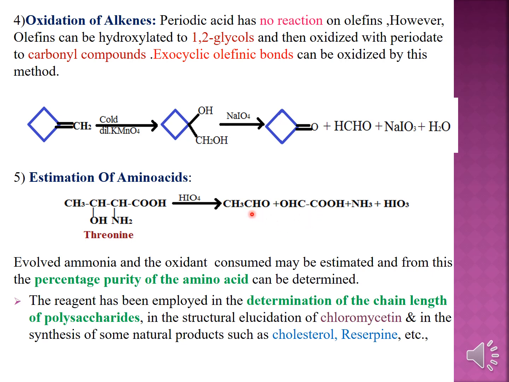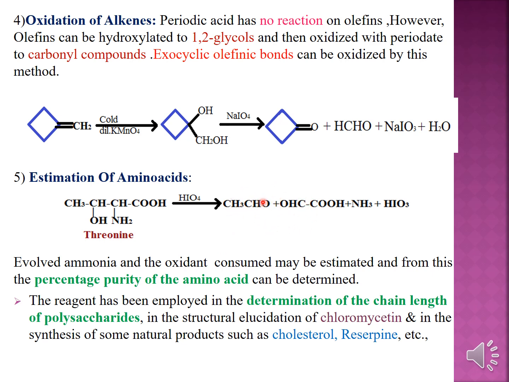Two aldehyde groups are formed, with the liberation of one ammonia, and with the cleavage of iodic acid, that is HIO3. Here you will see the evolution of the ammonia and the oxidant consumed, whatever the oxidant which is present over here.